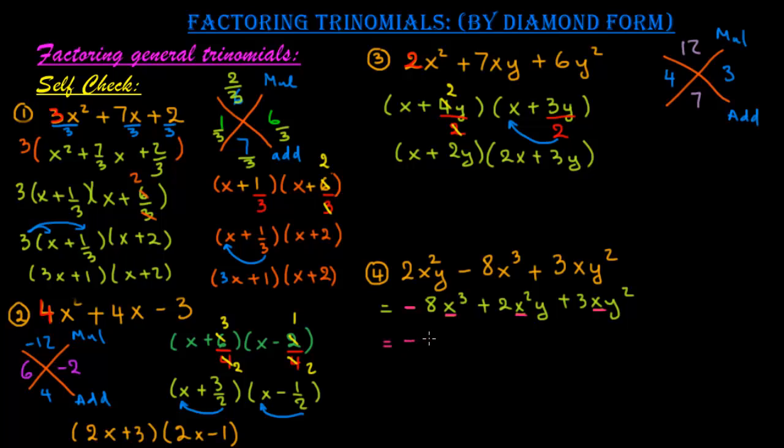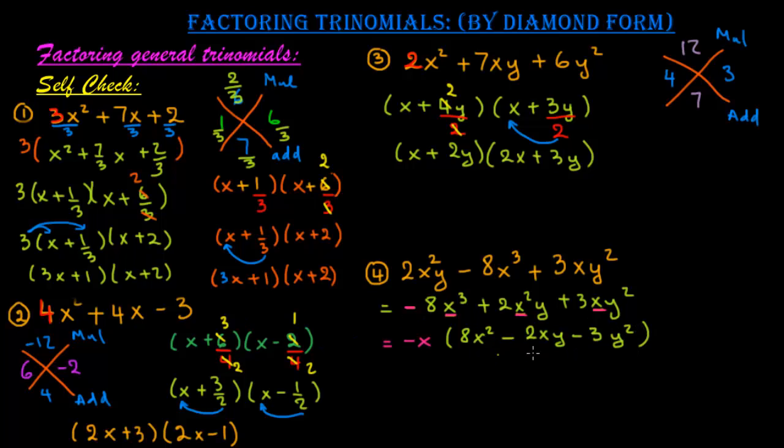So we factor out the negative x, and leave the inside with ax squared minus 2xy, and plus, or it should be minus because I factored out the negative, so minus 3y squared.